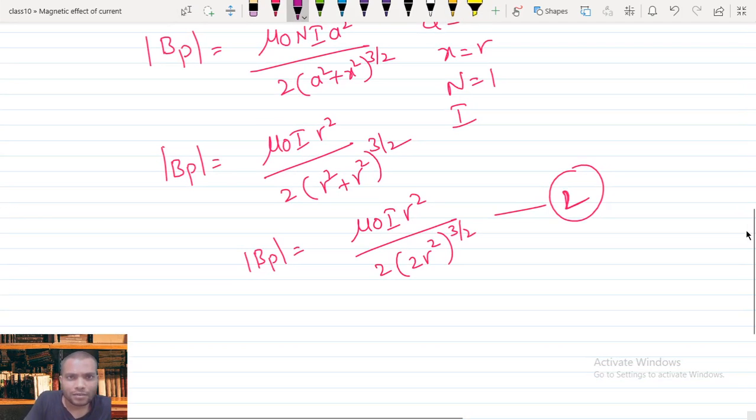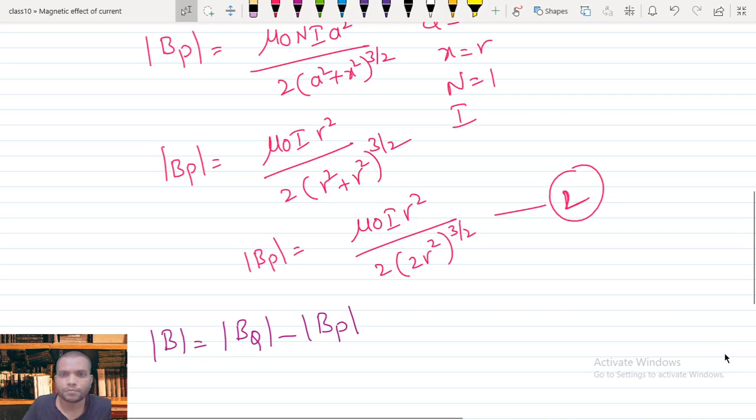So the resultant magnetic field equals the magnetic field due to Q minus the magnetic field due to P.